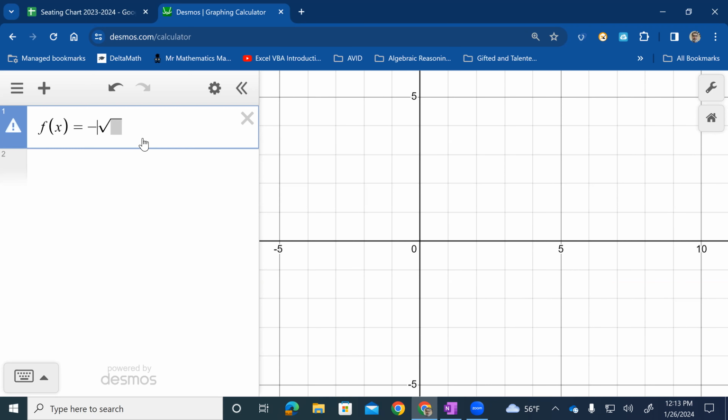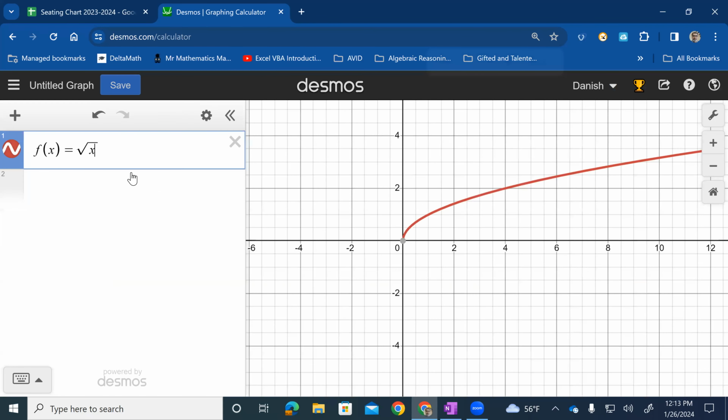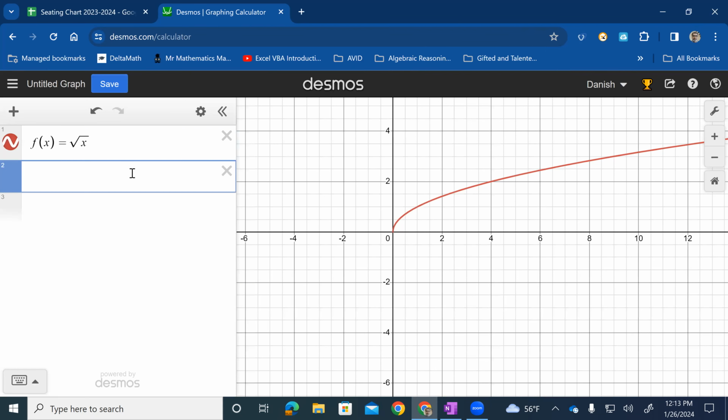So that's the parent function, right? Everyone? This is the parent function. What we can do here, we can bring in the function which is given to you in your question as g of x, so that you will clearly see how the function has moved.